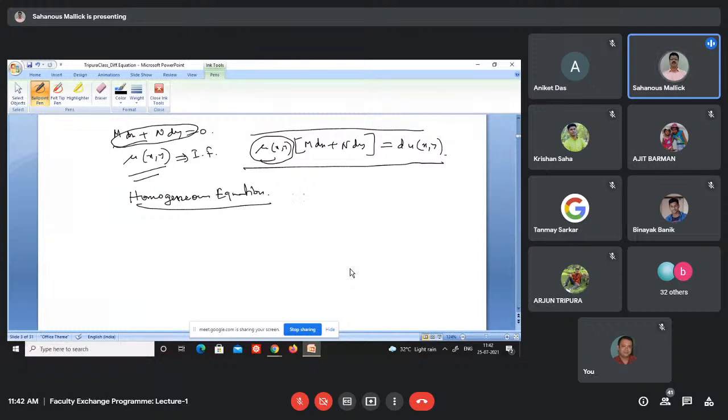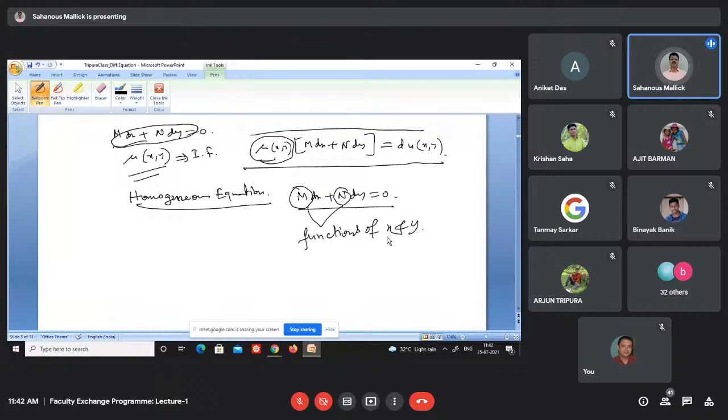Actually, M dx plus N dy equal to 0 is our equation. Here, M and N both are functions of x and y.